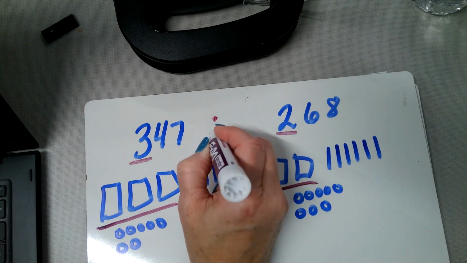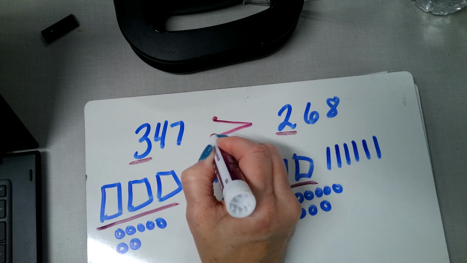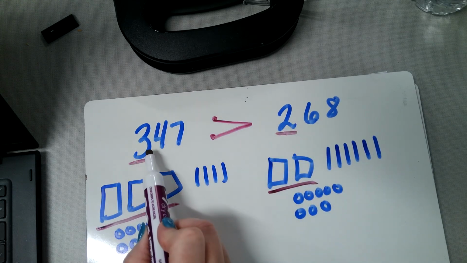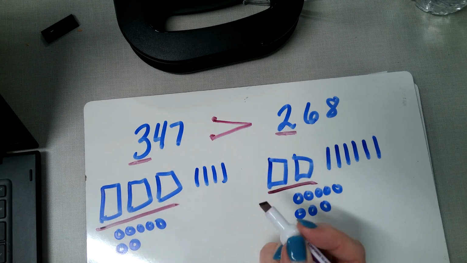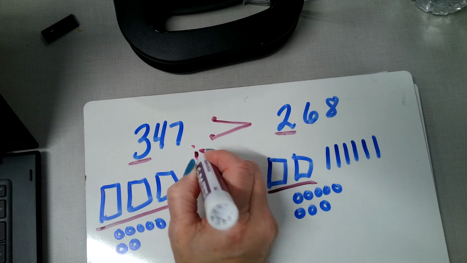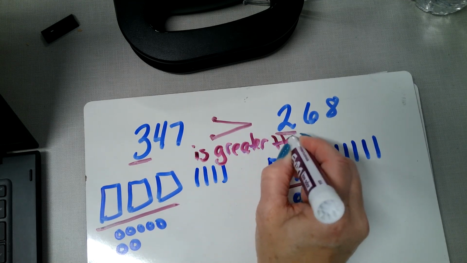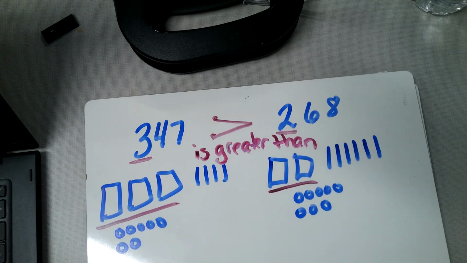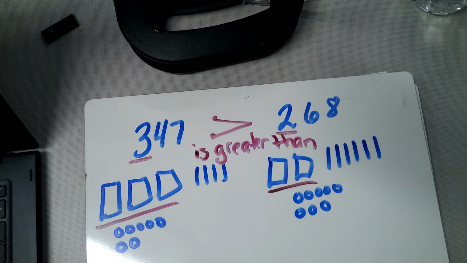Remember? So I would draw my 2 dots by the greater number and 1 dot by the smaller, and I would read that like a sentence. 347 is greater than 268. But I also want to do it with words. So under here, I'm going to write is greater than. So I can read that both ways. 347 is greater than 268.